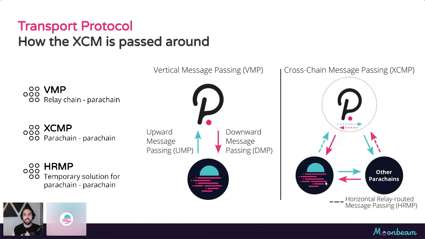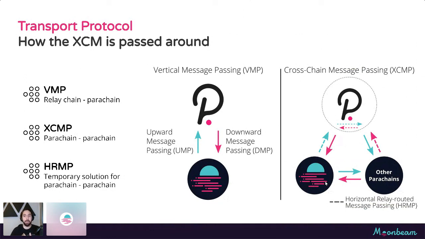How this happens is that the collators, which are the block producers in the parachain environment, will put the XCM in the outgoing queue of their XCM queue. Other collators in the other parachains will scan all the collators in the ecosystem to see which one has a message directed to their parachain.